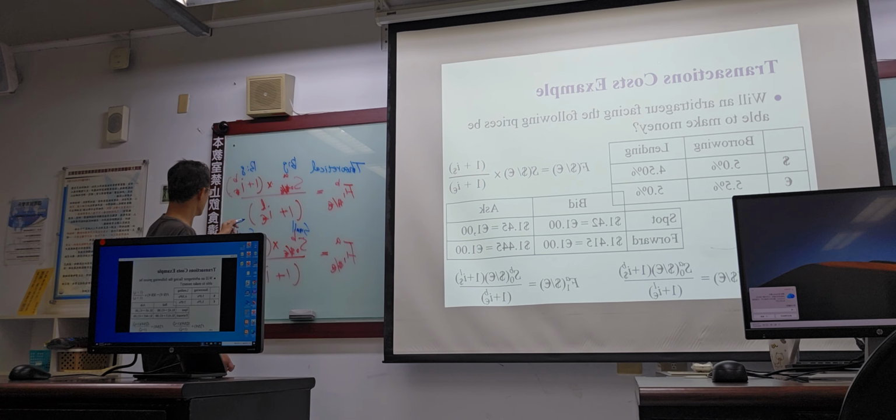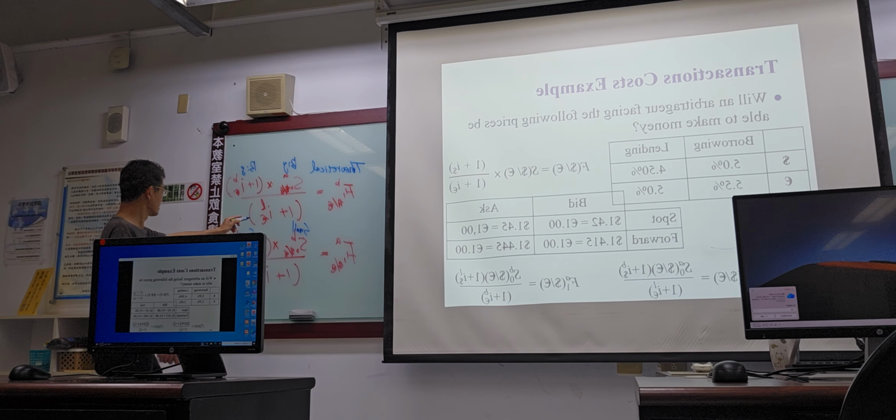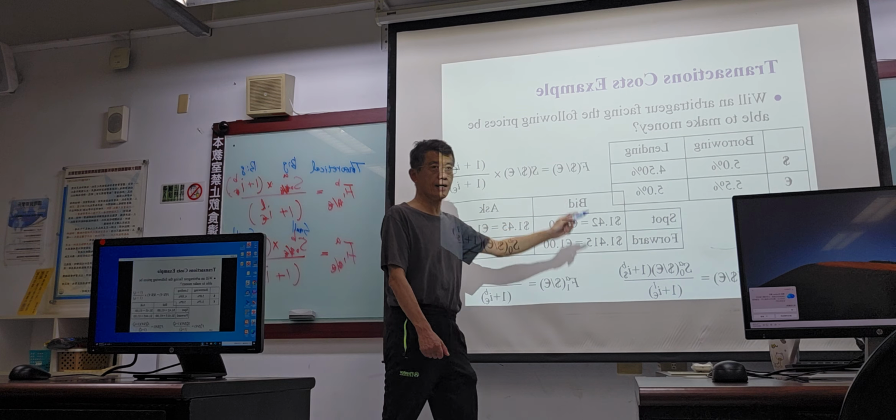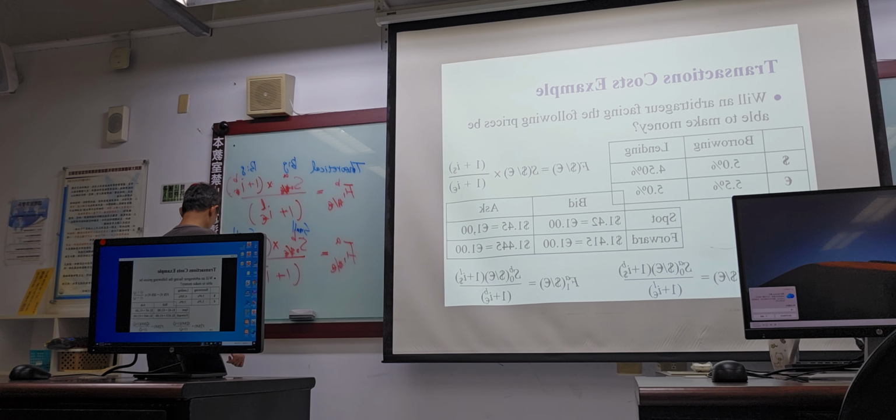And then we see the numerator, 1 plus euros lending rate. And this one is 1 plus euros borrowing rate. Of course, borrowing rate is higher than the lending rate. Okay, so this is big. Okay, this is small.